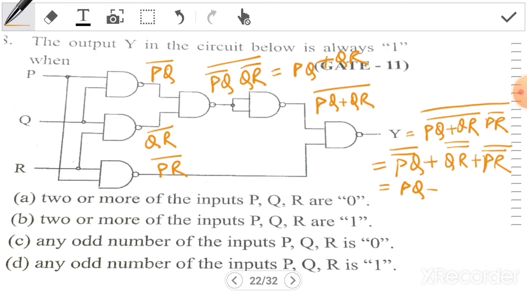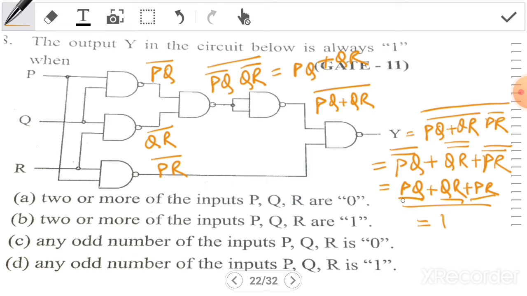So PQ plus QR plus PR. The output Y should always be 1. So this should be 1. If any of these three products is 1, then output is 1.